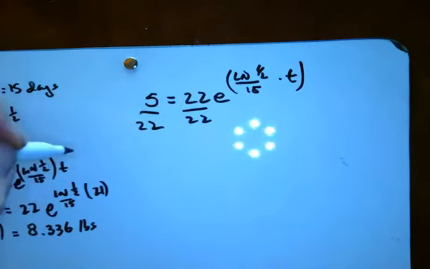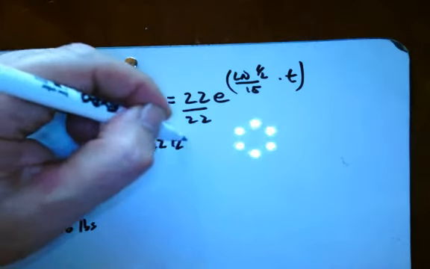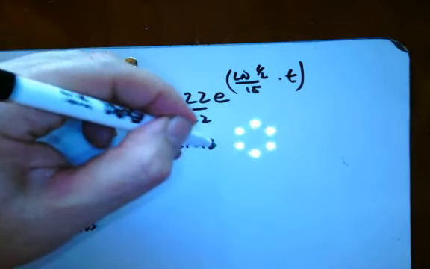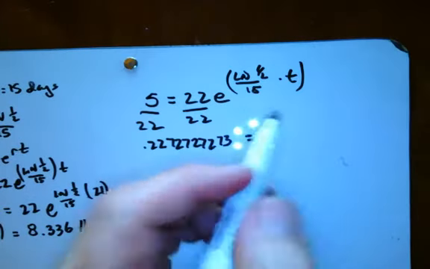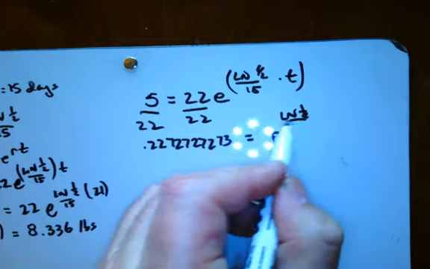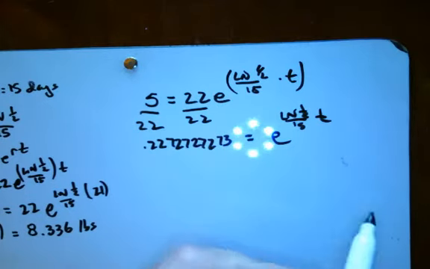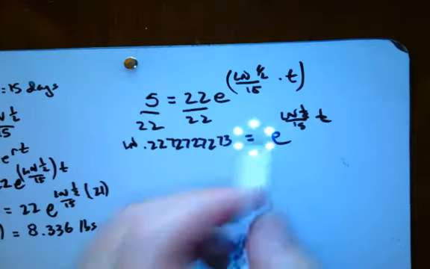First thing I'll do is divide both sides by 22. I'll get 5 divided by 22, which is 0.22727272773. And on the left-hand side, I'll have e to the ln of a half over 15t.